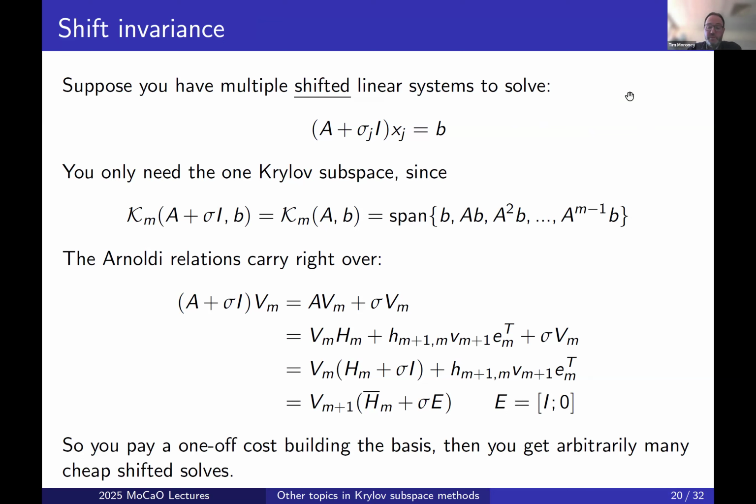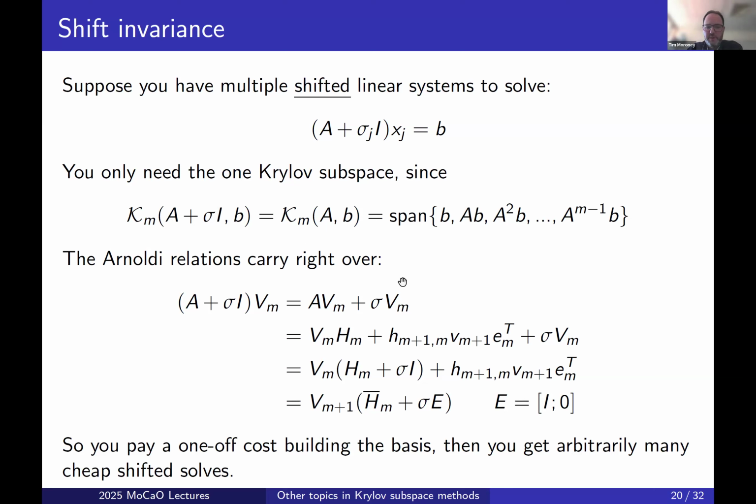Another sometimes very important property of Krylov subspace methods is that you get shifted linear systems for free. We haven't had to lean on this up until this point, but in your application, if you happen to need to solve a family of shifted linear systems like this, then you just build the Krylov subspace once, because it's the same space after all. The Krylov subspace of A with b is the same as that of A plus sigma I with b, and so the Arnoldi relations carry right over.